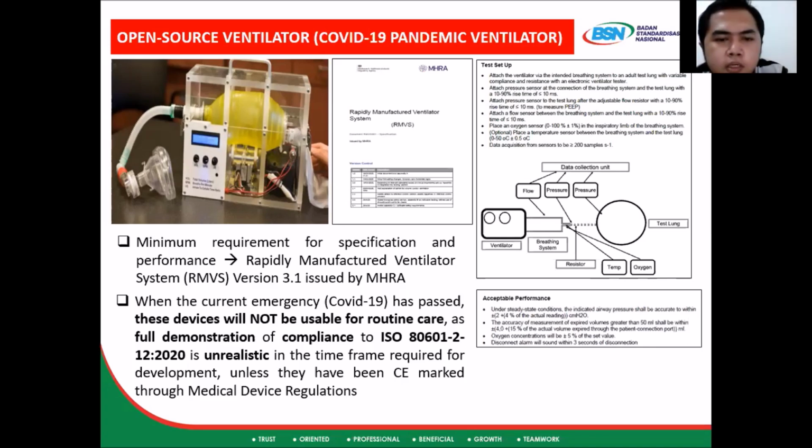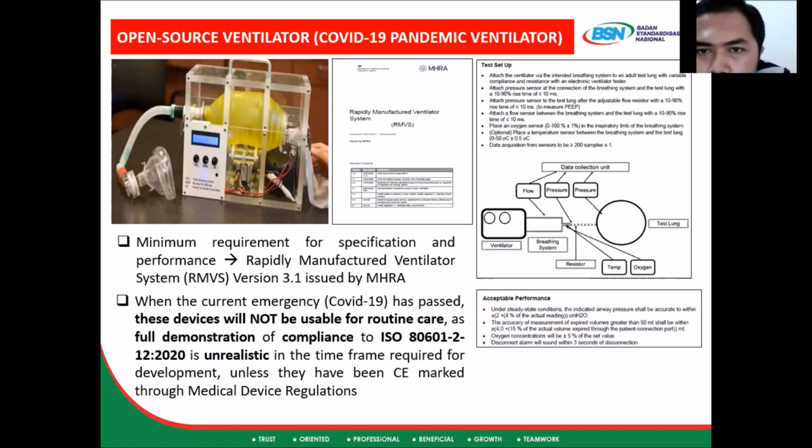The BPFK also makes the national requirement for the open source ventilator, and they refer to this document, the RMVS.